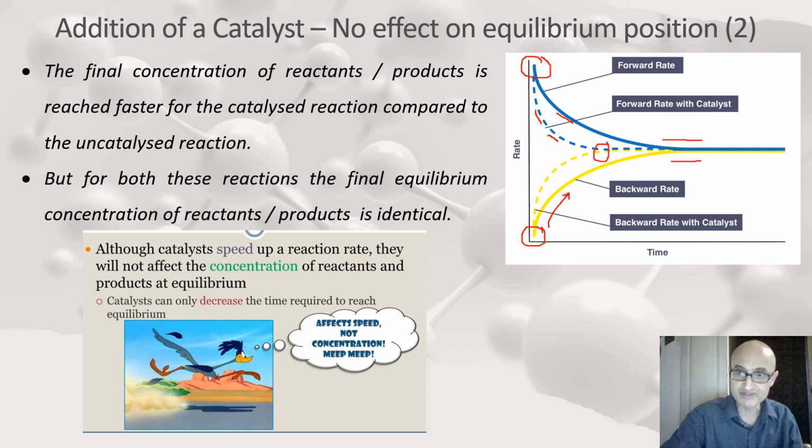Compare that point to this point for the uncatalyzed reaction. So the catalyst will allow the equilibrium position to be achieved faster. Also notice that the products are produced at a faster rate and they also come into equilibrium so much faster.